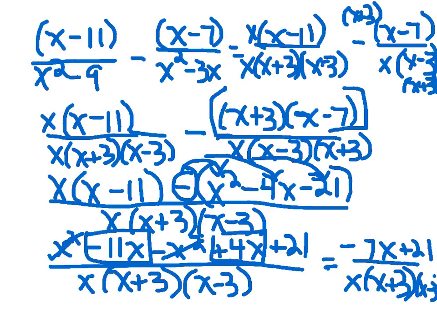And I'm going to go to the next screen to show you the final step, which is always to remember to factor and reduce. When I do that, I factor out a 7, and I get x minus 3.